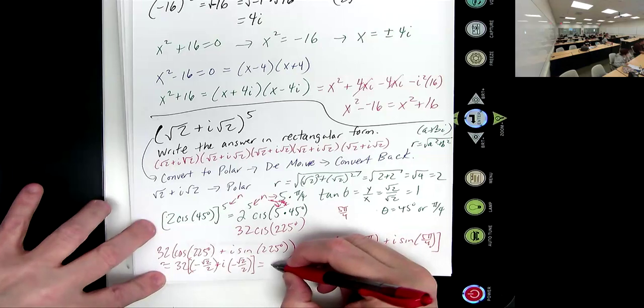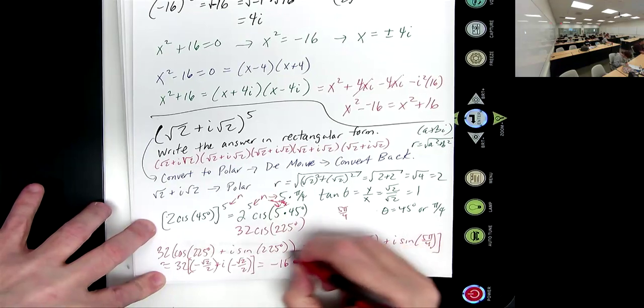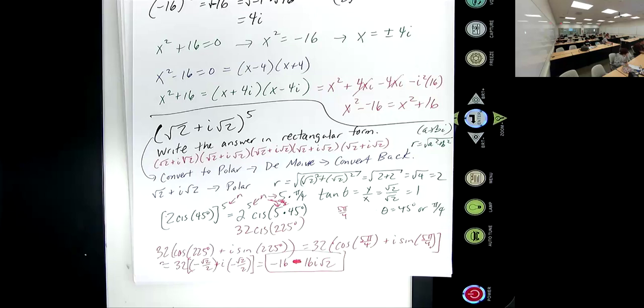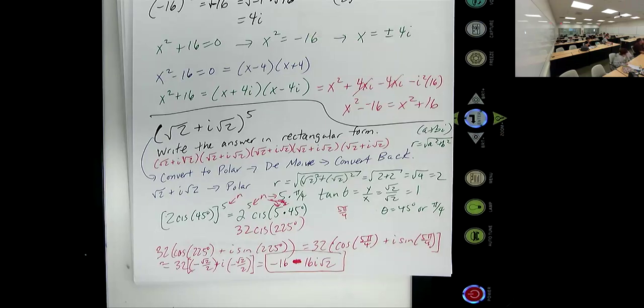We're going to get negative 16 root 2 plus or minus 16i root 2. The 32 over 2 is negative 16.